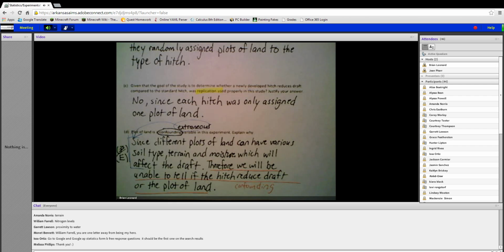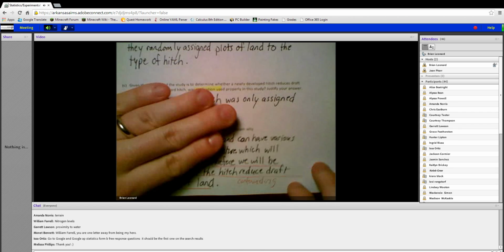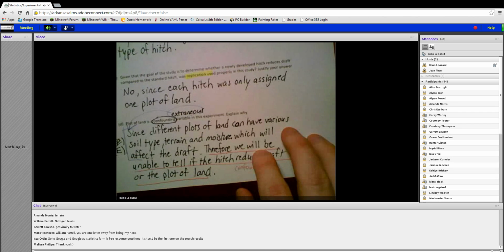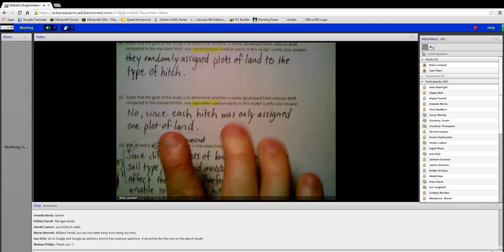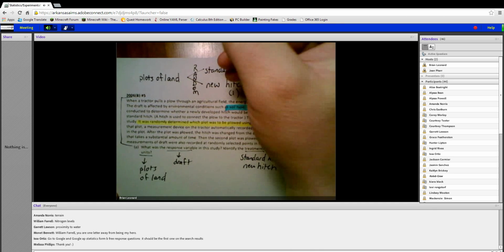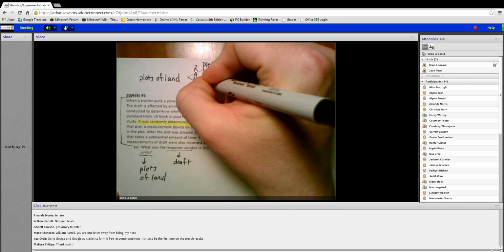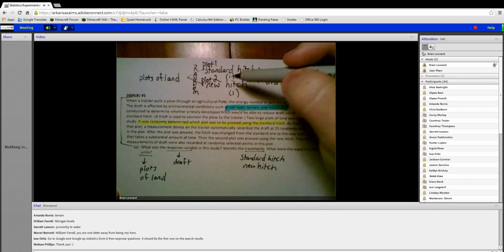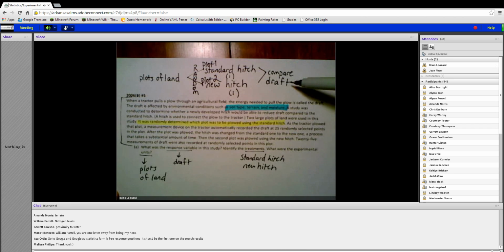So you've got to remember, this whole session is really about the terms. You did get points if you explain this answer, but you've got to go that extra step and tell them that it's not just extraneous, but because we're getting these random, but plot 1 is here and plot 2 is here, because this is happening, I'm unable to tell if the hitch reduces draft or the plot of land.